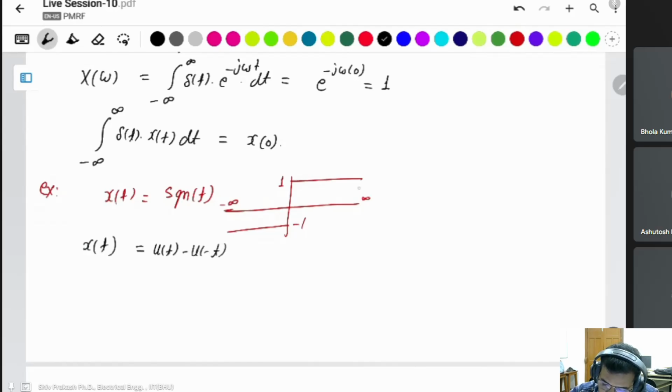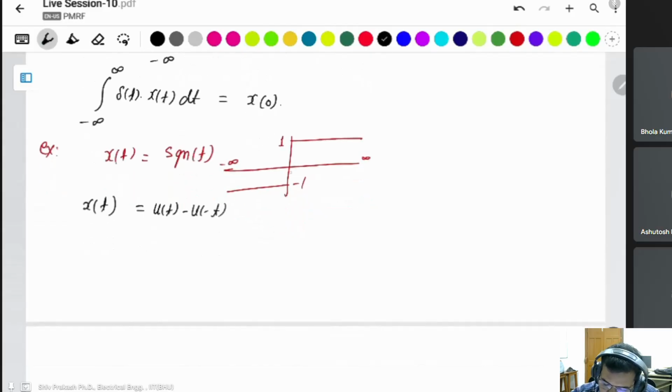This will be u(t). If you negate this one, this function will be there. If you subtract this one, then this will be a positive u(t), and this will be minus u(minus t). Then if you multiply by the negative of this one, it becomes negative.